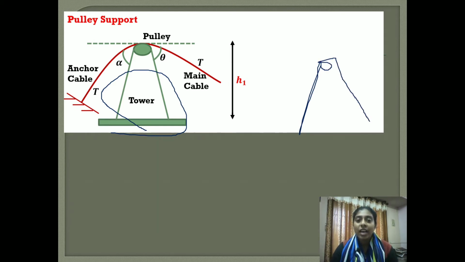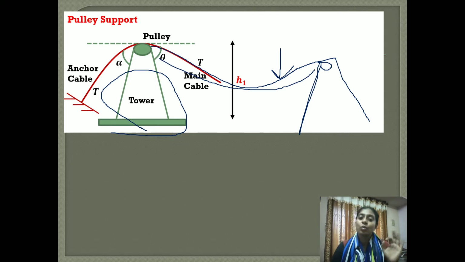And we have seen how to analyze the cable when it connects two towers. So what we have already seen is the analysis of this cable when it is subjected to concentrated load and uniformly distributed loads.